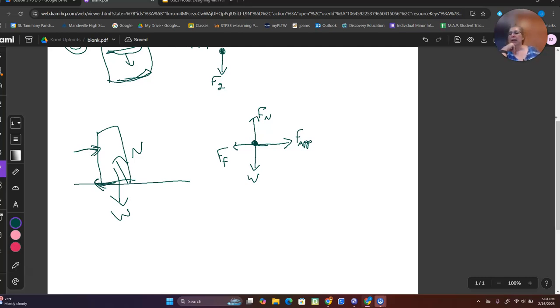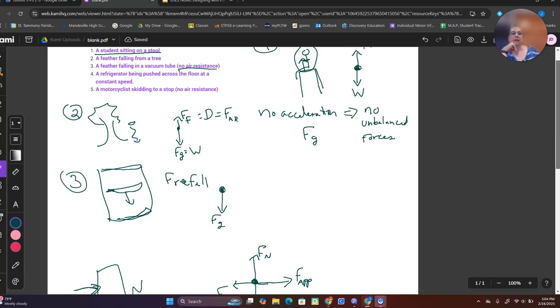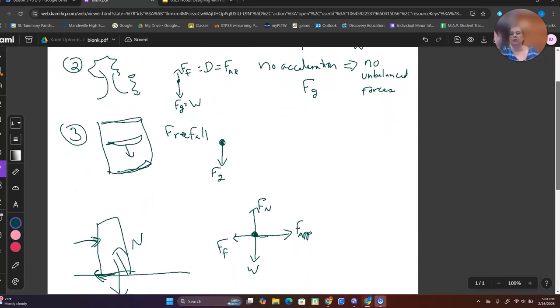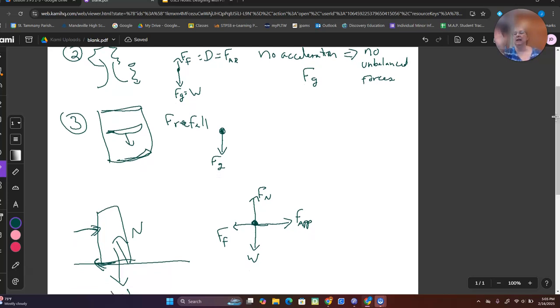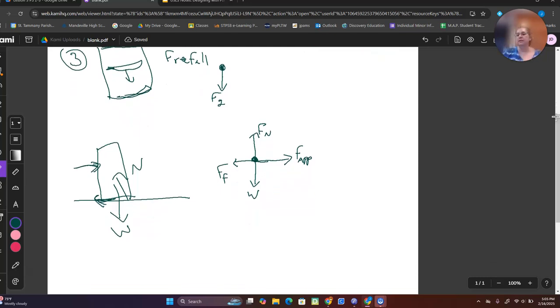All right, our last scenario. Our last scenario is a motorcyclist skidding to a stop, and we're going to ignore air resistance for this. Air resistance will be occurring in this situation, but we're going to neglect it simply because all of the other forces involved are going to be much more important for the situation.